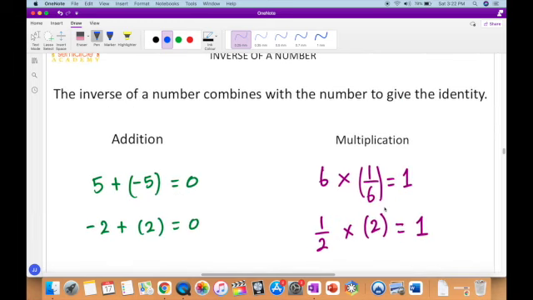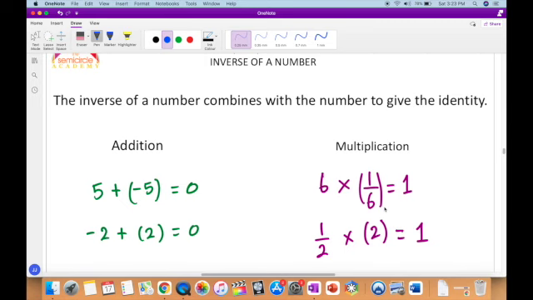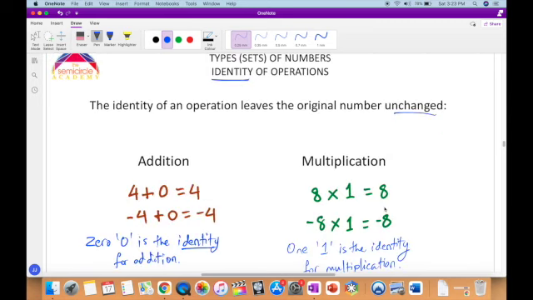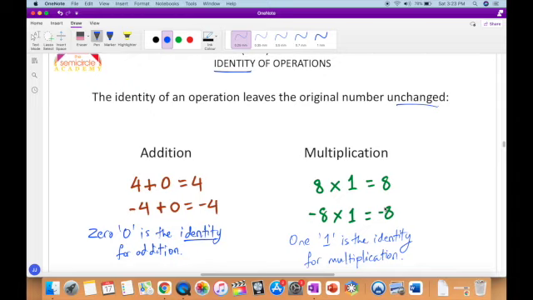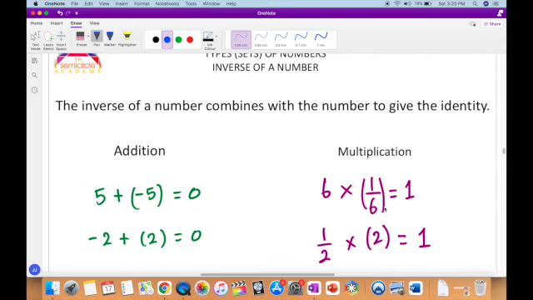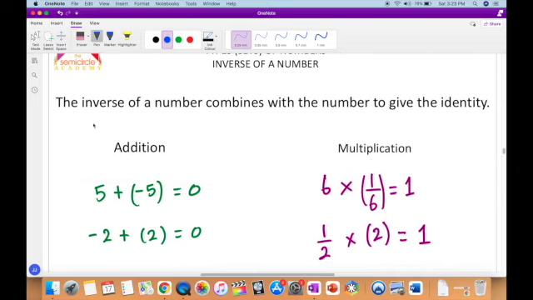So then we're talking now about the inverse of a number, right? So we had the identity of an operation, but here we're talking about the inverse of a number. So the inverse of a number combines with the number.